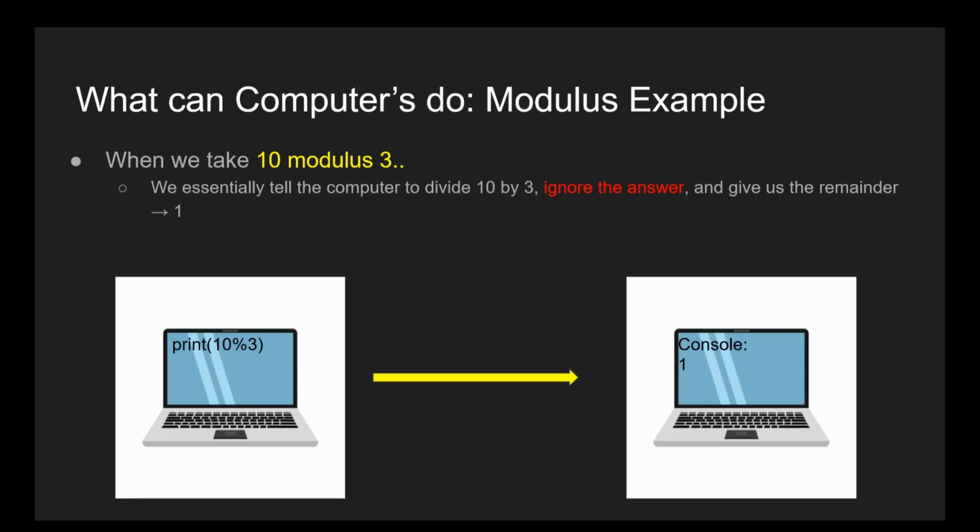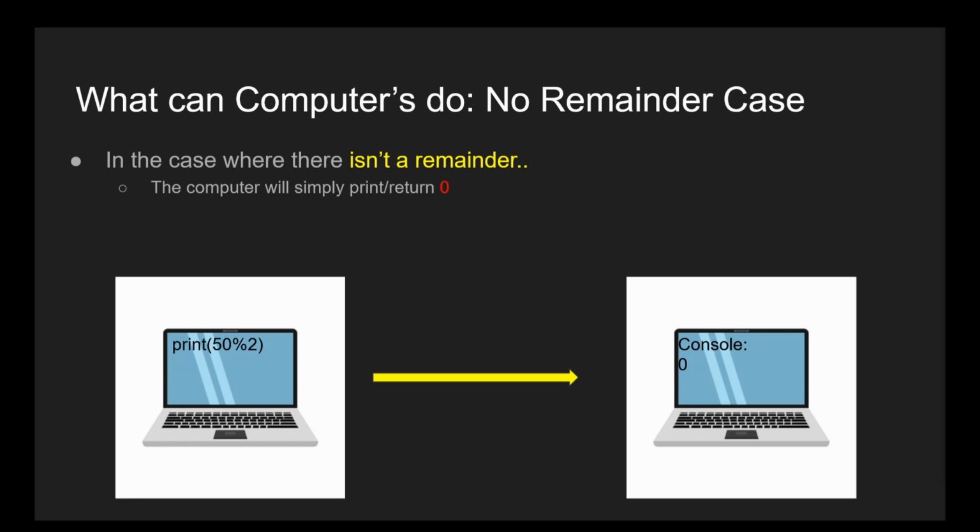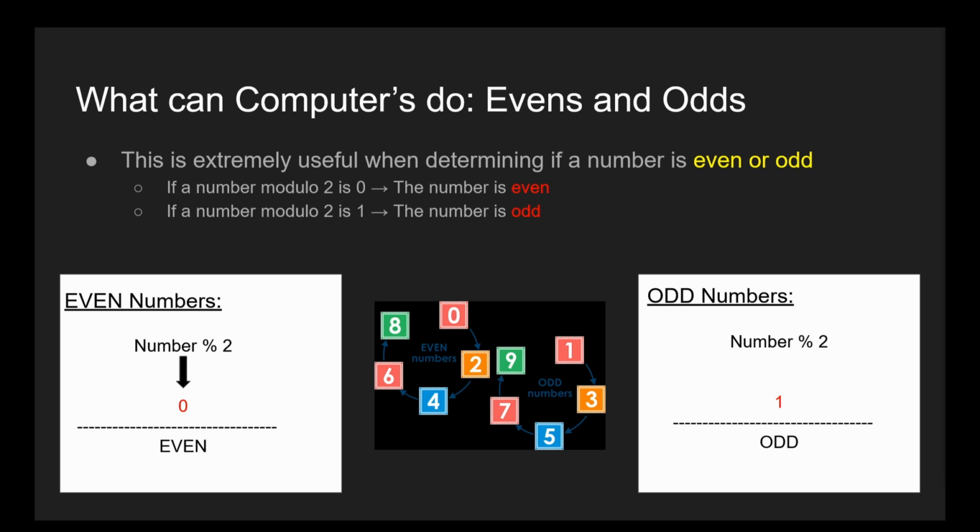If there is no remainder, say in the case that we take 50 modulus 2, since the remainder is 0, the function would return 0 if we were to print it out. This can be extremely useful in many cases, the most obvious being if we want to determine whether or not a certain integer is even or odd.